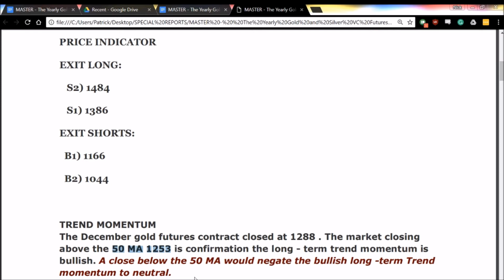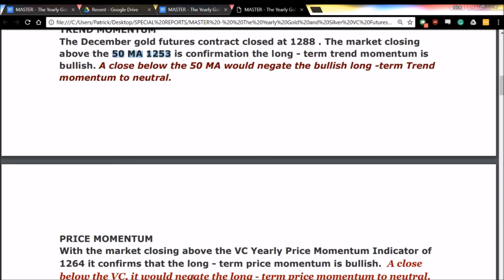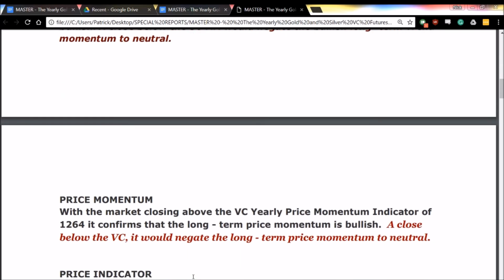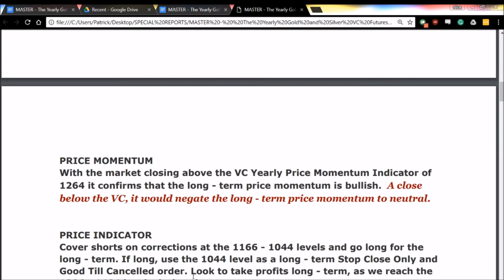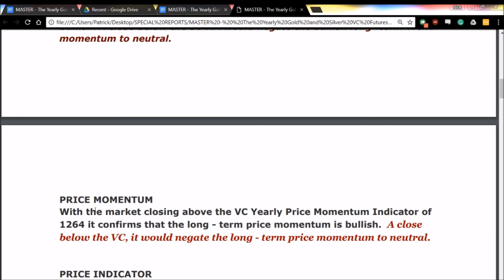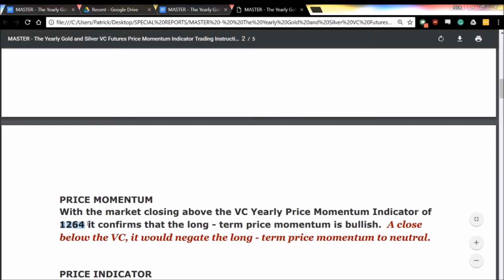Now we take a look at the price momentum component of what makes the VC price momentum indicator work. The price momentum basically is the average price that we expect for the following next 12 months.